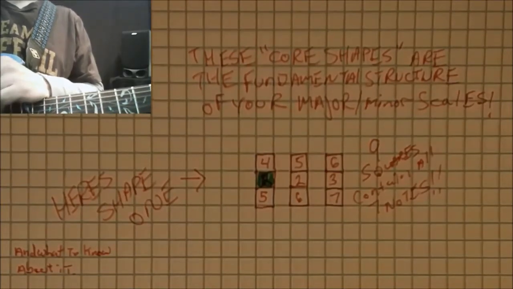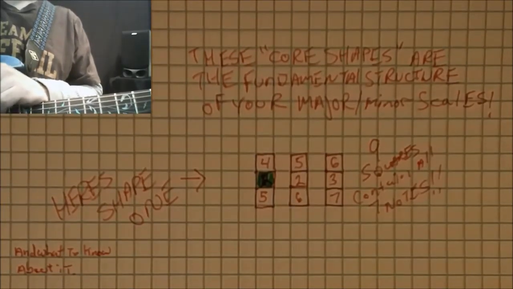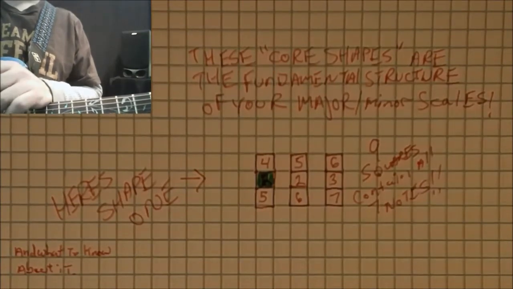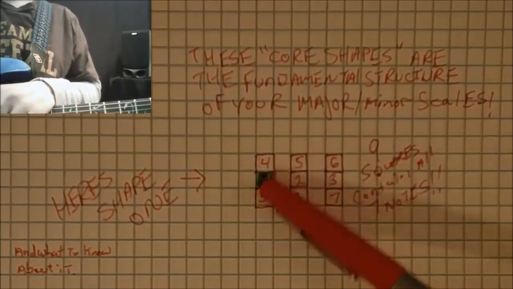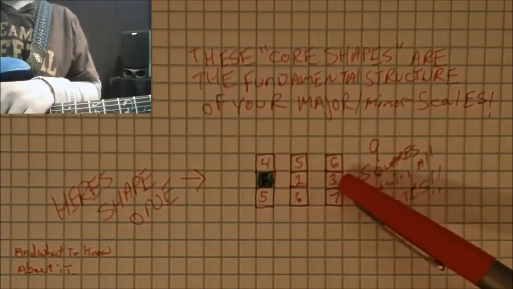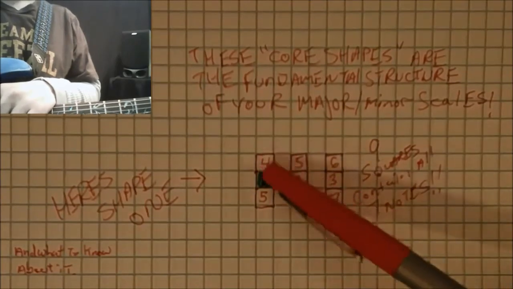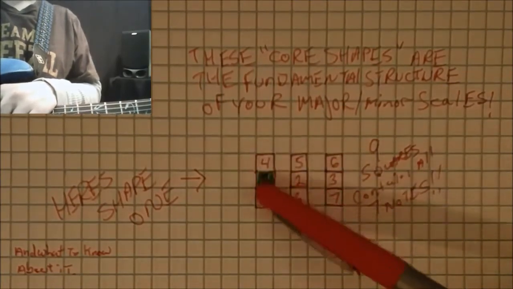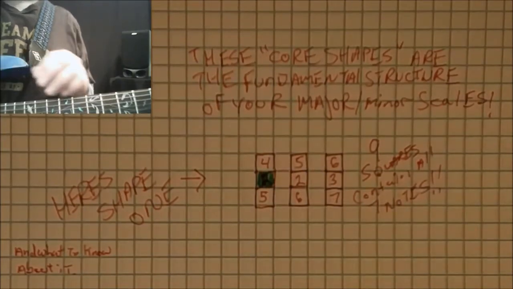Okay, so these core shapes are the fundamental structure of your major and minor scales that you're going to use when you jam modes. So here's shape 1 that we're going to discuss. Let's call this the room, or the pillars of creation, the 3 pillars that create your major scale.